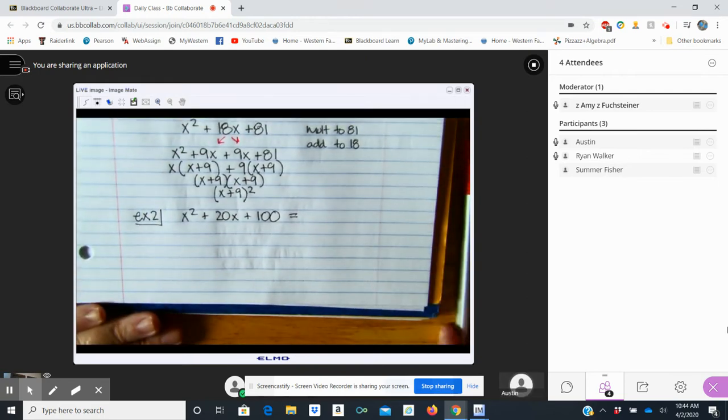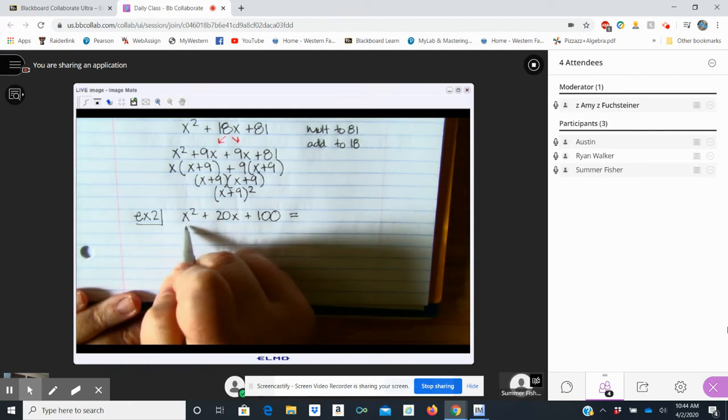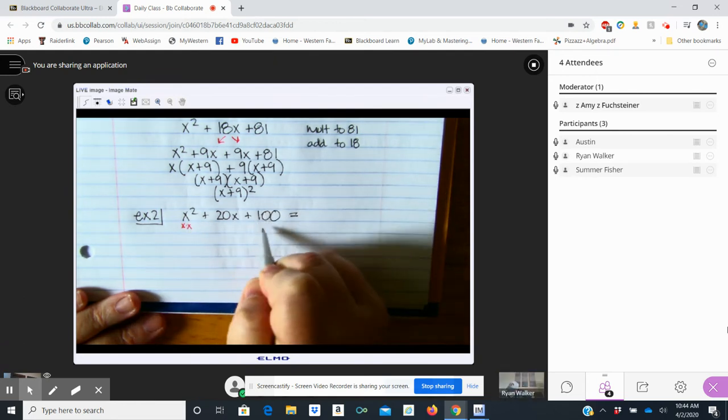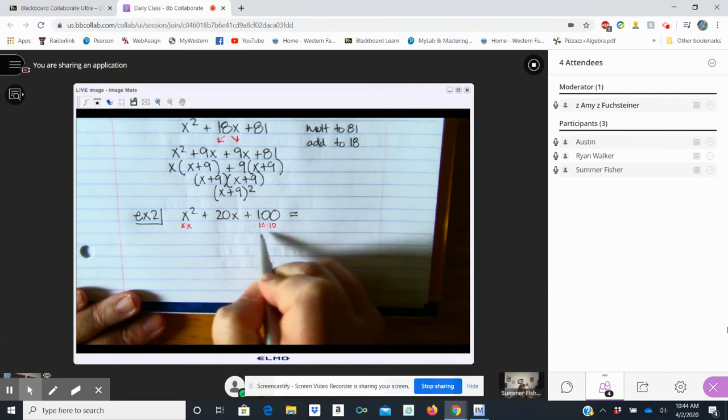Okay. Do you recognize this as x times x, a perfect square? And 100 is 10 times 10, another perfect square.